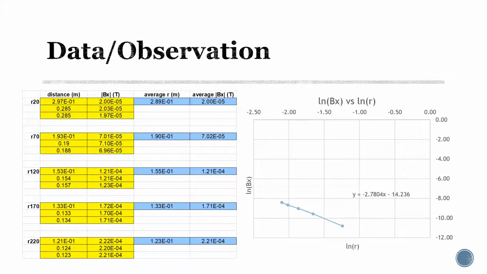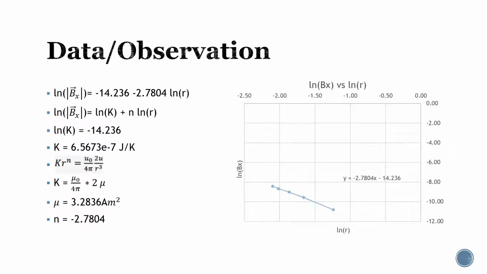This slide presents the data table and graph for my measured distance values and magnetic field values. The graph on the right can be represented by the equation ln of the magnitude of Bx equals negative 14.236 minus 2.7804 times ln of r.